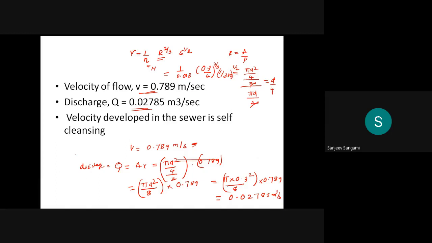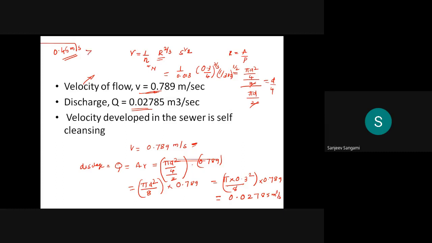Now, you have to decide whether the velocity you are getting is self-cleansing or not. So we have some standards. 0.45 meter per second, if it is there, then it may not be any problem; it is going to be self-cleansing.